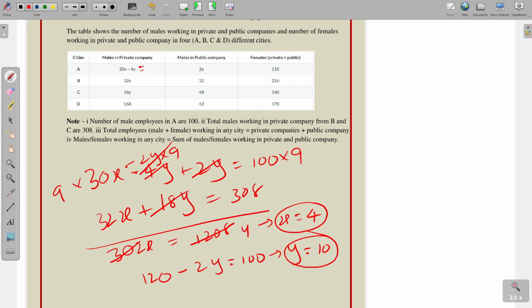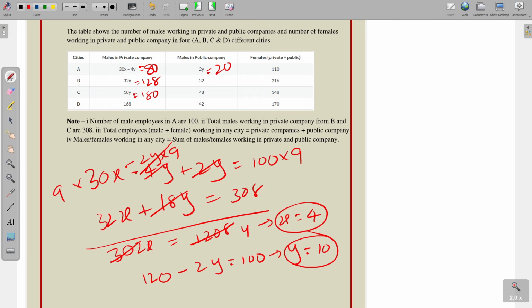It is the value of city males private company, it is 80. Now, 2y means 20 and 32x, 32 into 4, it is 128, 18y, it is 180.